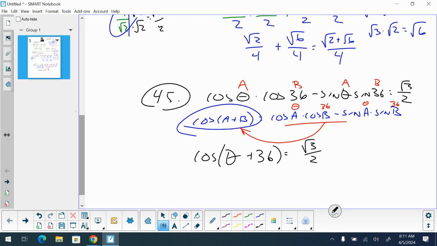We have cosine of theta plus 36 is equal to square root of 3 over 2. We want to solve for the two general solutions of theta. Well, what's connected to the theta is we have cosine there and we have the 36. Well, the question is, how do we get rid of the cosine, Trenton? Inverse cosine. Just went through that. So we can take the inverse cosine.